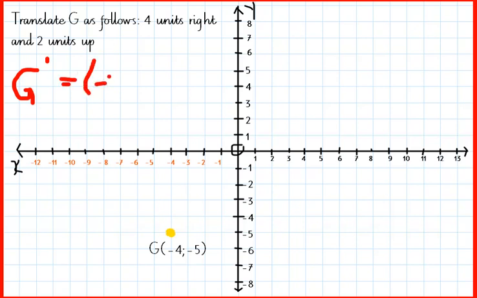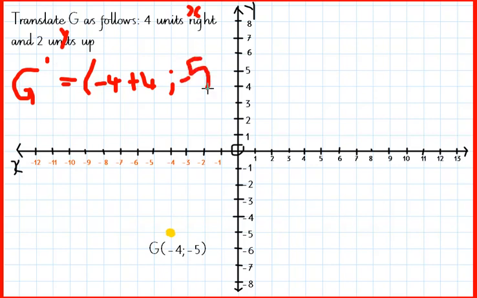our X is -4. And we said if we move right or left, that's our X. And if we move up or down, that's our Y. And we said our first coordinate is X. So -4, we move to the right, that's +4. And then we have -5.